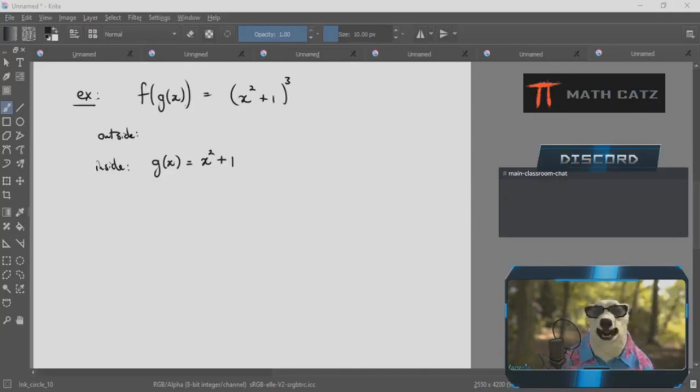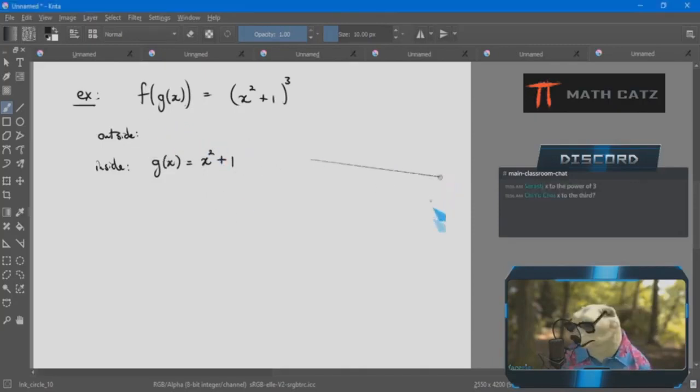What is the outside function? It is x to the third. All right, good. And of course, I can always test this, right? I can do my composition. Do I get the original back? Perfect, I do.